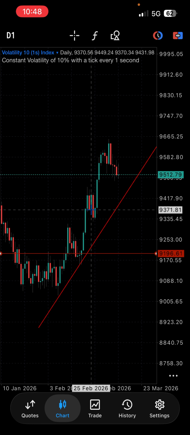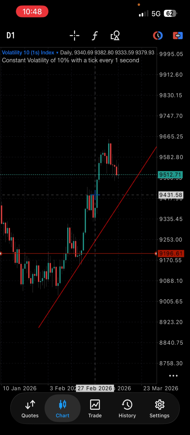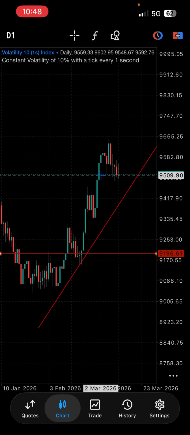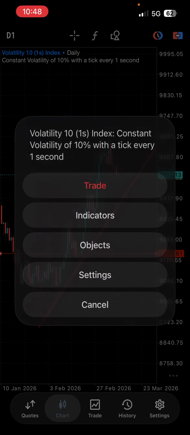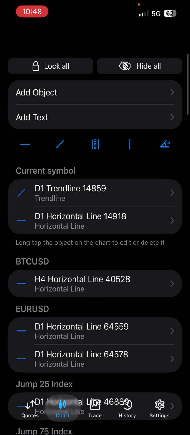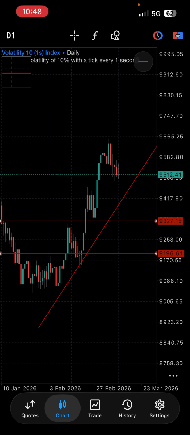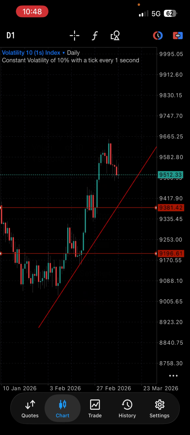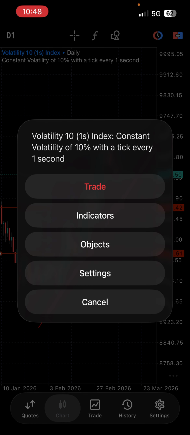So this is our first candlestick, this is our second candlestick, and this is our third candlestick. So what I'm going to do is draw a fair value gap with my horizontal lines.